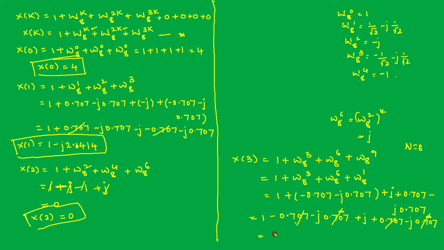So after simplifying, what you will get is 1 minus j, since it is plus j, you will get 1 minus j 0.414. So this is x of 3.